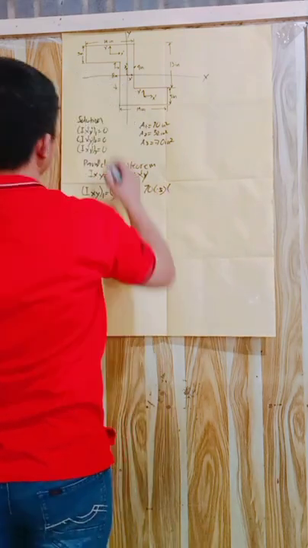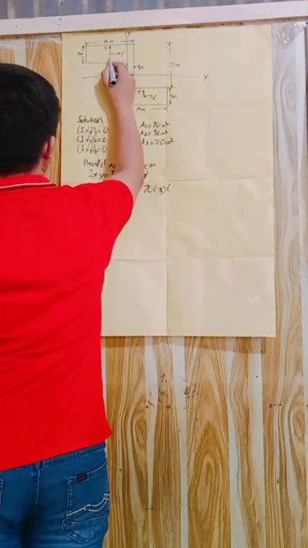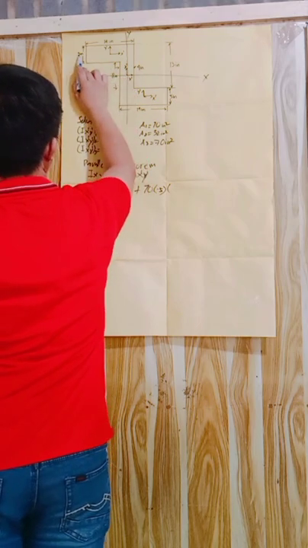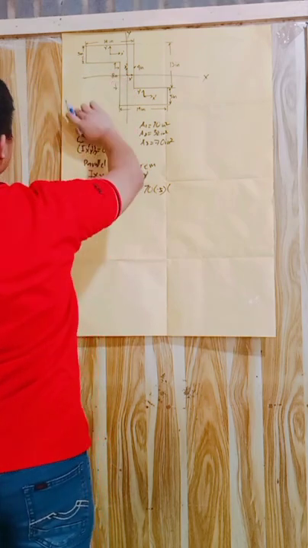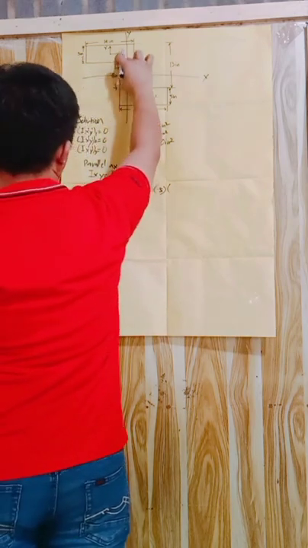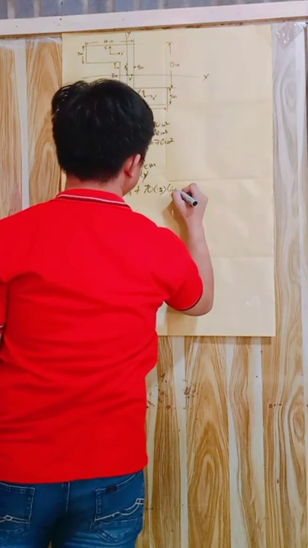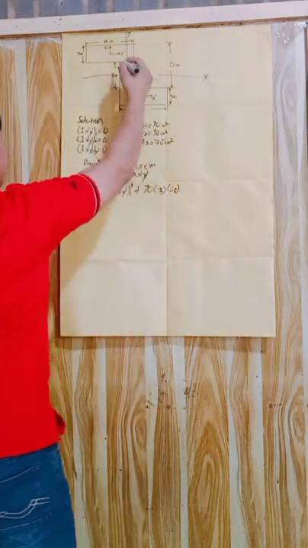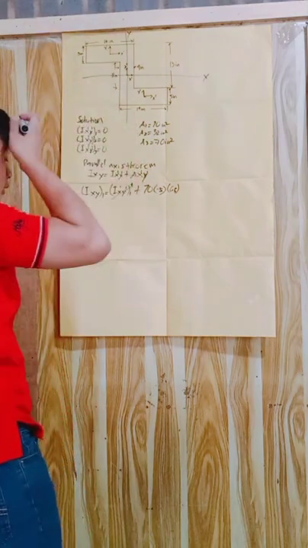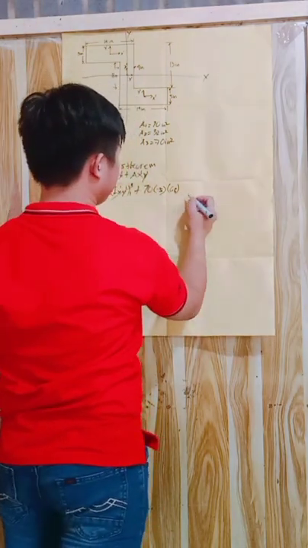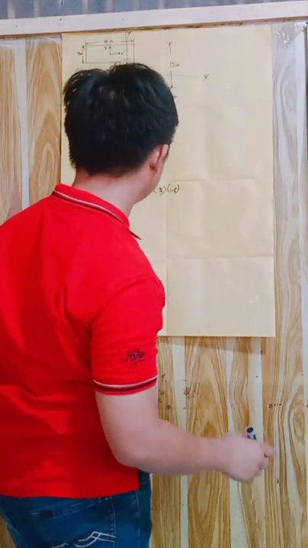Times the y-axis: 5 divided by 2, 2.5, plus 4, half of 8. So 6.5. Positive because it is on the positive y-axis.